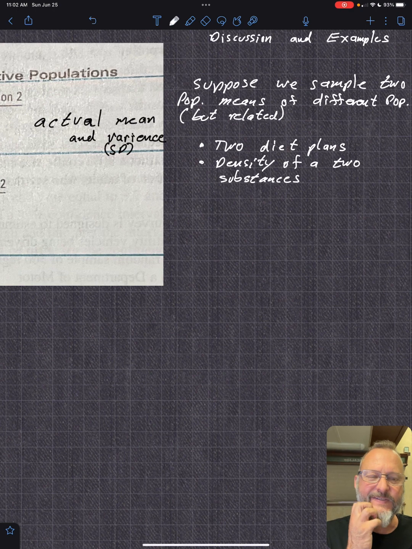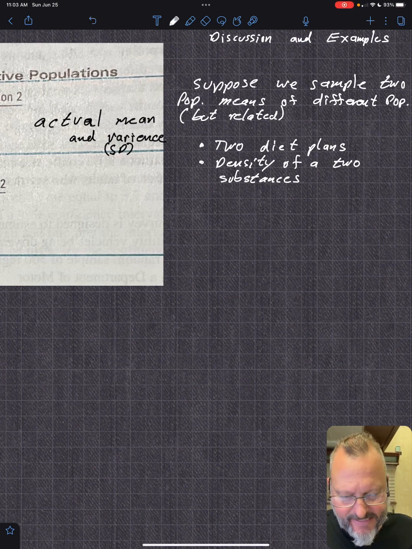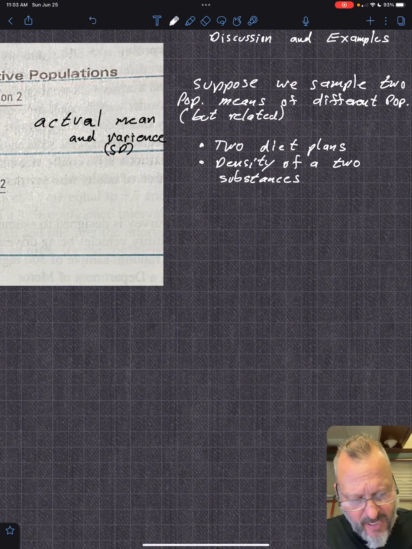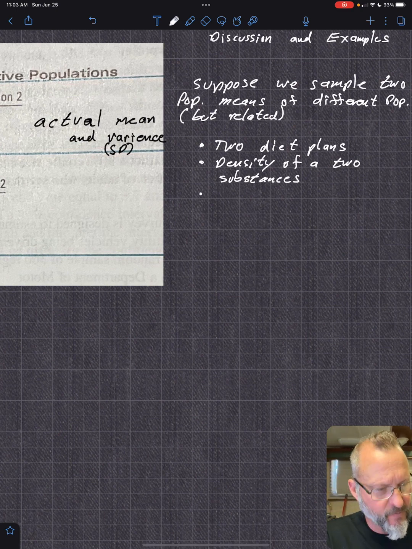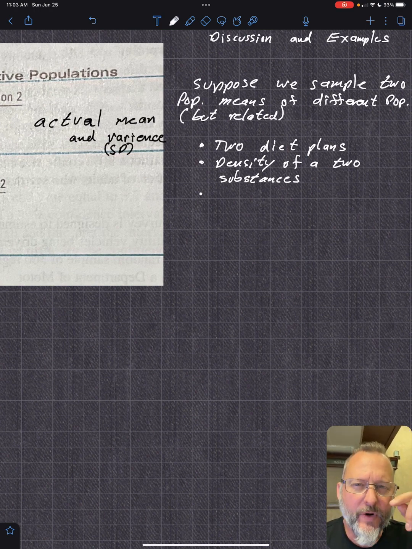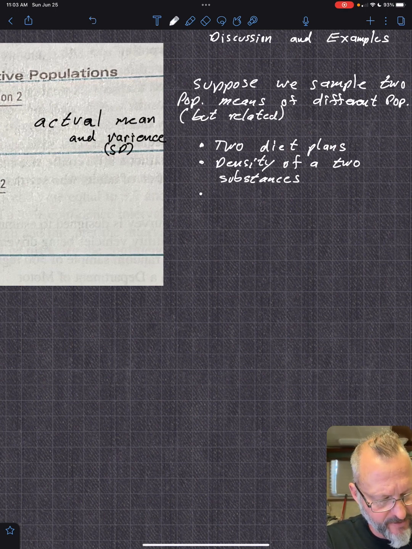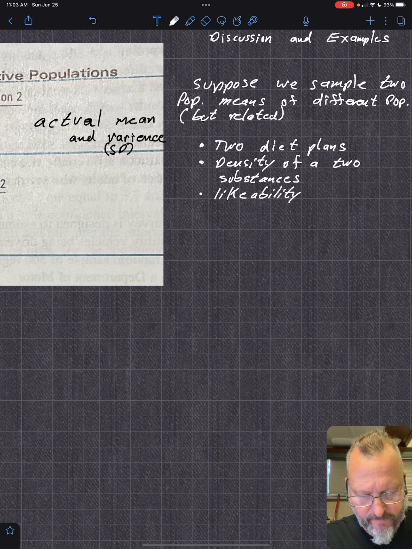So you have two manufacturers making the same thing, same metal bar, something like that. So you're looking at the density maybe. You can also do this where it's more qualitative, and then of course the scoring system makes it into quantitative. So you could look at likelihood, or else I wrote down likability on a rating scale.